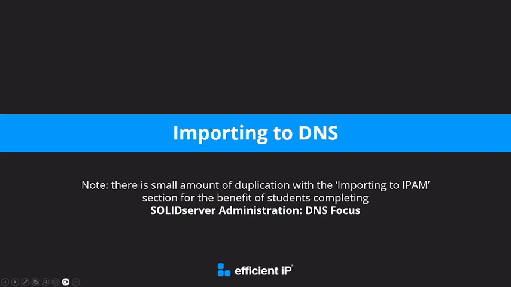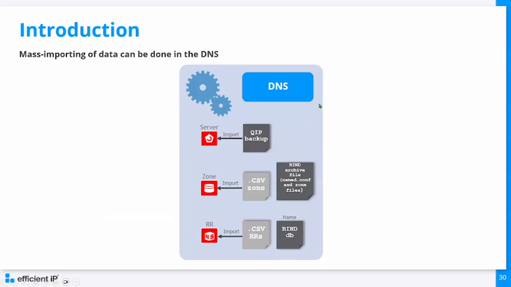Now we're going to talk about import to DNS. A lot of the slides for this are the same as what we talked about yesterday, exactly the same, because it's the same way you import. Here it shows you can import to DNS using another vendor's DNS server backup.